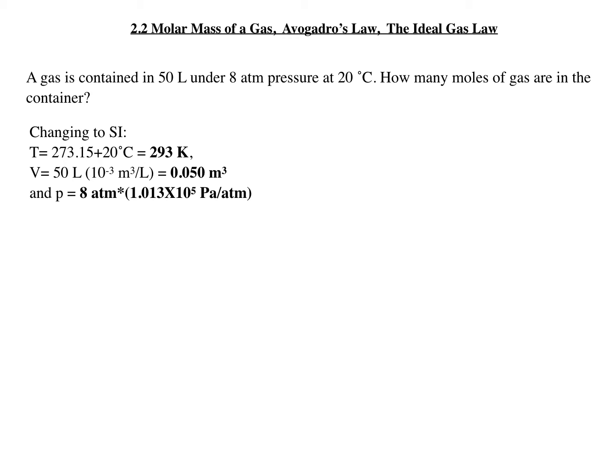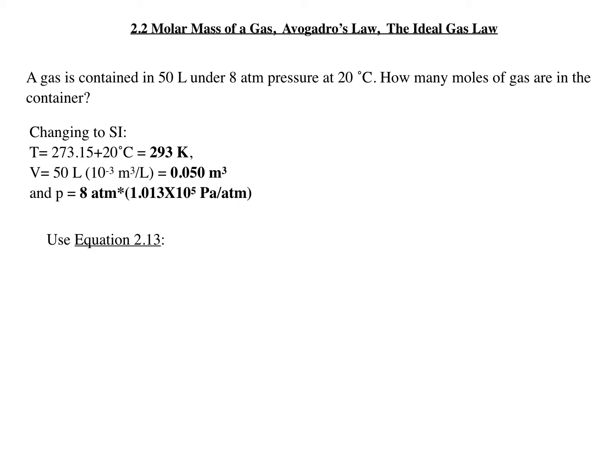And similarly, the pressure is given in atmospheres, 8 atmospheres. So we convert them into pascals by multiplying with 1.013 times 10 to the 5 pascals per atmosphere. So now we work the units up into the SI.